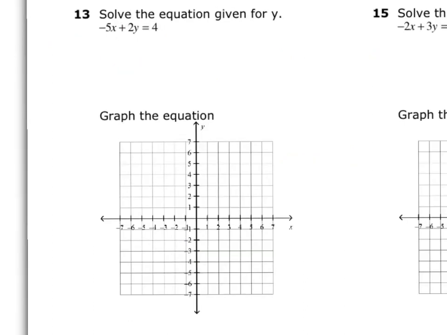And number 13, solve the equation given for y. We're going to take it from standard form, and we're going to change it into slope-intercept form, which is y equals mx plus b. We will separate our sides, and we will do the opposite of negative 5x to move it to the other side, so plus 5x.